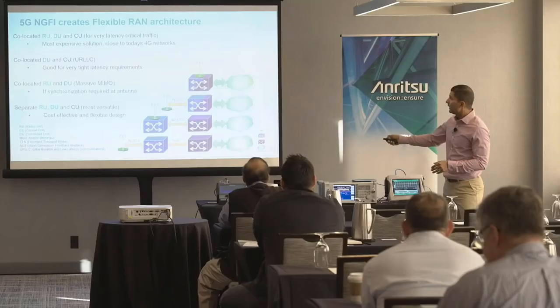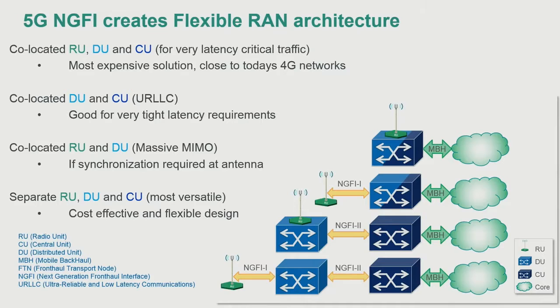And again, it depends on what's being needed per that site. So for example, the very top one here, where the radio unit, distributed unit, and centralized unit are all co-located at the same spot. Think of that as very close to a DRAN today, where you have your dedicated BBU and your remote radio head all co-located together.